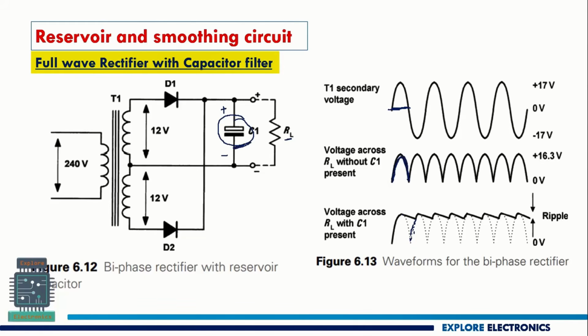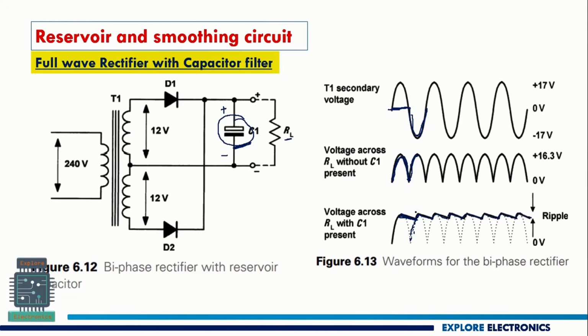But once the capacitor is connected, the capacitor will be charged to the maximum value, and by the time the negative half cycle of the input comes into the picture, it is holding its charge and again it will be charging. Again it will slightly discharge, but compared to the half wave rectifier with capacitor filter, this gives a more meaningful output.